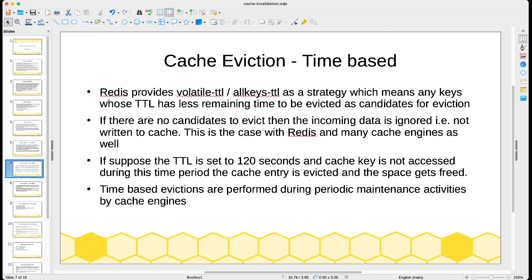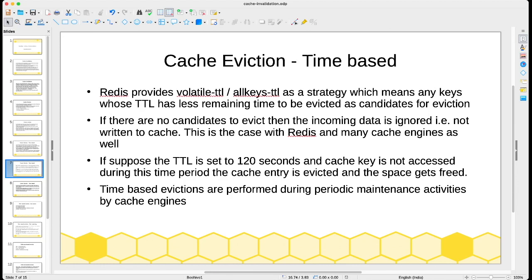or when the time limit reaches 120 seconds, Redis will run a background job which will scan through all the keys. Those keys which are nearing the TTL, which are not being accessed after being written, are marked as candidates for removal, and then they will be removed.